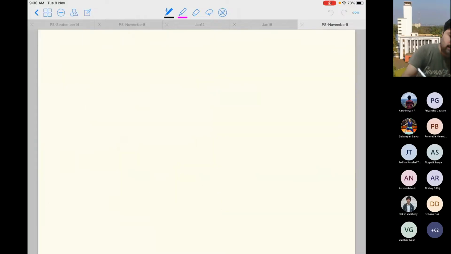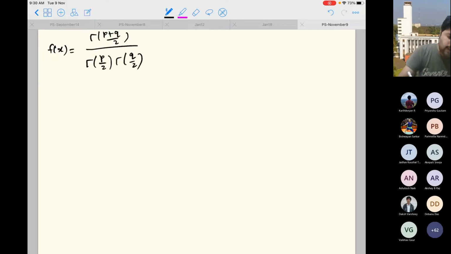So let us write that down. f of x is equal to gamma of (p plus q) by 2, which is coming out from that gamma, divided by gamma p by 2 and gamma q by 2. Then I have 1 upon 2 to the power (p plus q) by 2, right? So this is what I had.